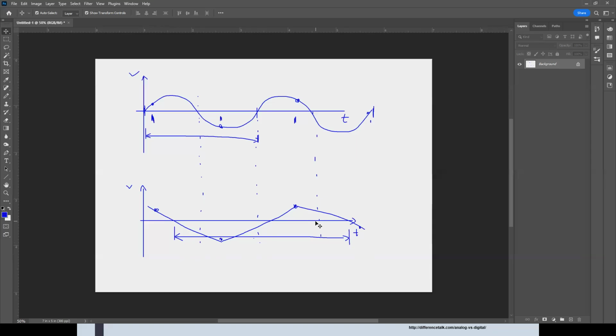We were not able to recreate the shape of the waveform, but even more important, we were not even able to recreate the same frequency of that waveform. Because if we were able to recreate the frequency, we could do some corrections and we could recreate the shape of the sine wave at least.